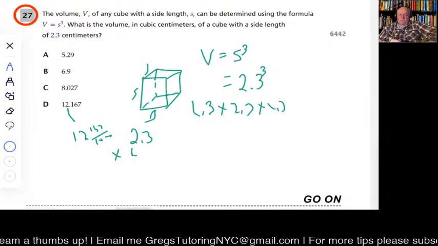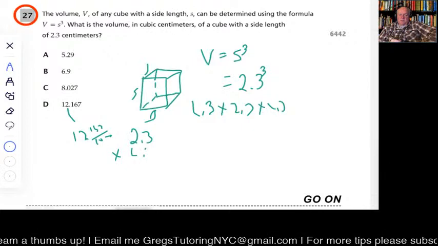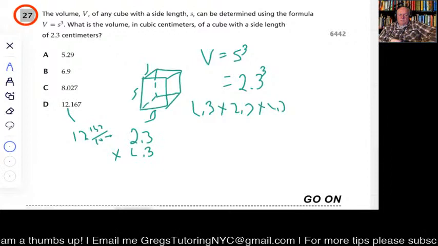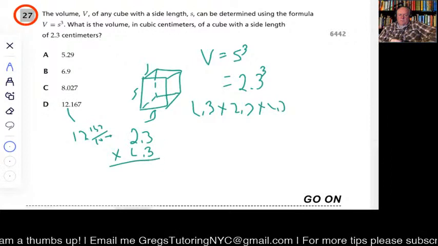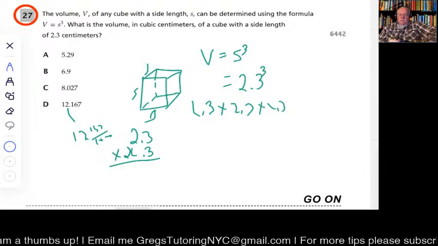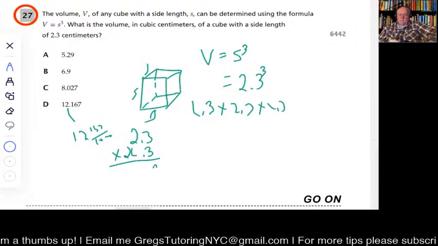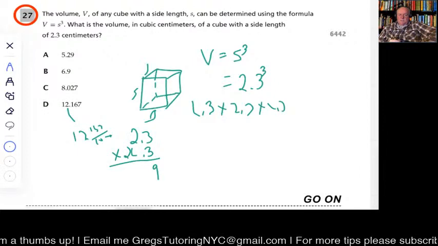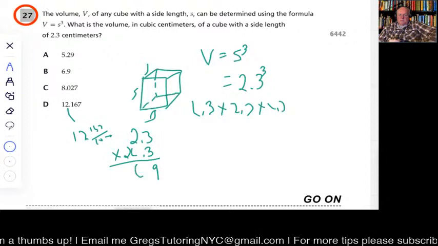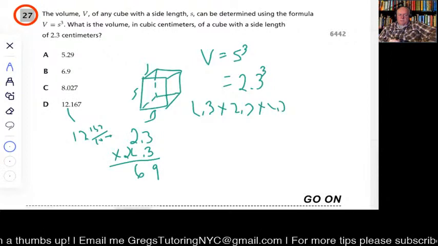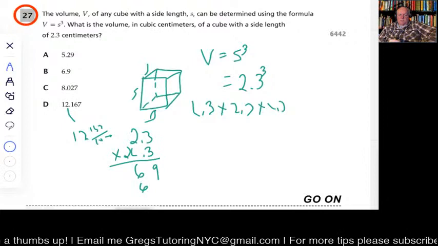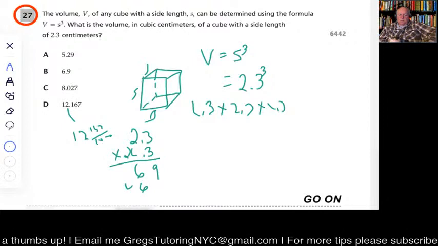Let me try to write this as neat as I can. So 3 times 3 is 9. 3 times 2 is 6. 2 times 3 is 6. And 2 times 2 is 4. So we add those up and we get 9.